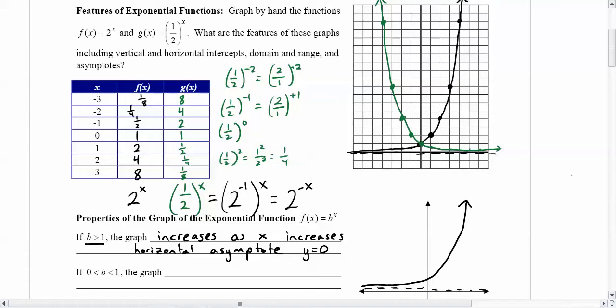And it doesn't matter what the base is. You can be graphing 1,000,000 to the power of x or pi to the power of x. These graphs will always cross at the same y-intercept. No matter what, the y-intercept is 0, 1. Because it doesn't matter what you choose for the base, 216, if you put 0 in for x, you're always going to get 1.